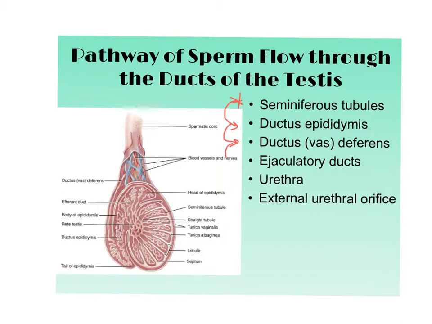It then comes into a smaller tube called the ejaculatory ducts. Then the urethra, which is the hole in the male penis, which is also where males urinate, and then eventually it goes outside of the body. So that's the pathway that it travels from the very beginning when the sperm is being produced to where it leaves the body.